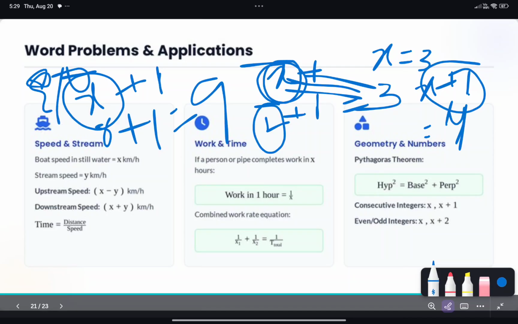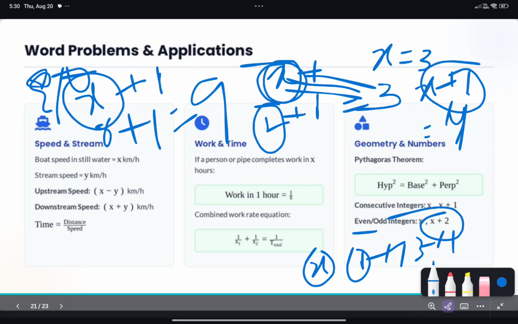If they are asking for consecutive even numbers, we must consider x as odd only. So x is 1, 1 plus 1 is 2, then 3, 3 plus 1. This is x plus 2. Clear?